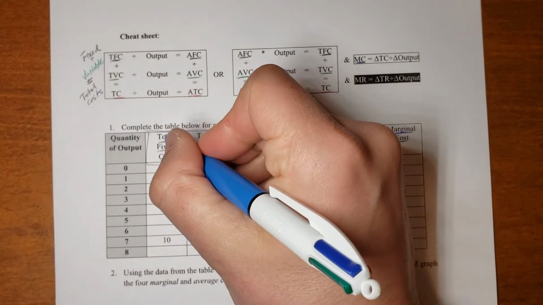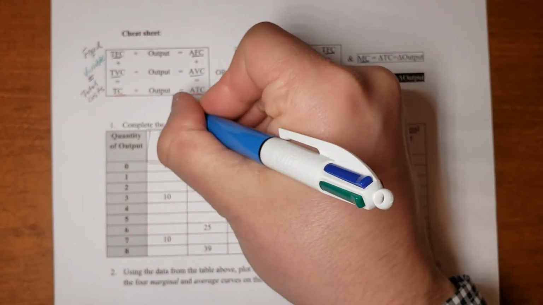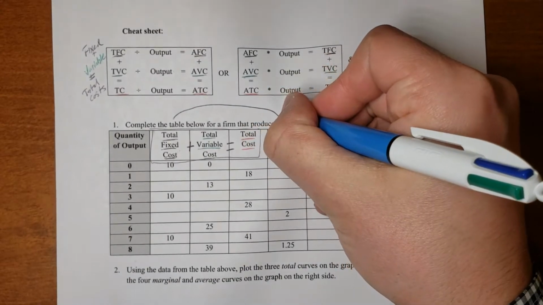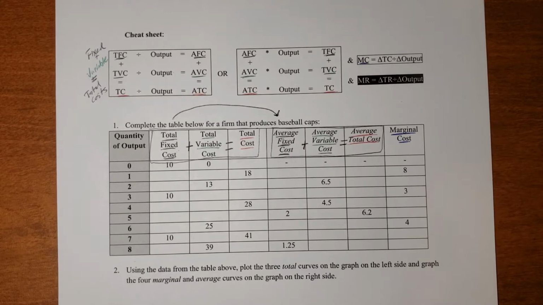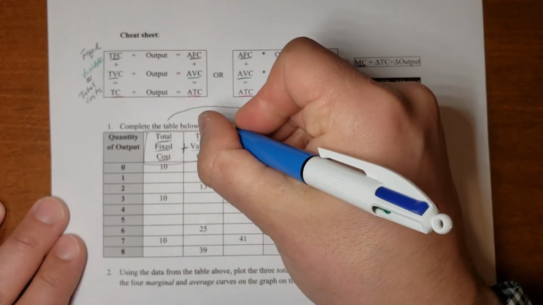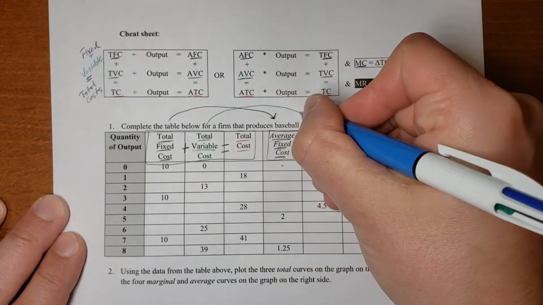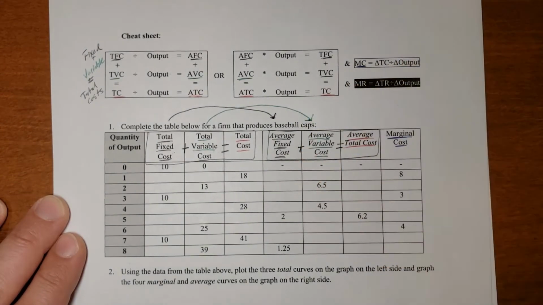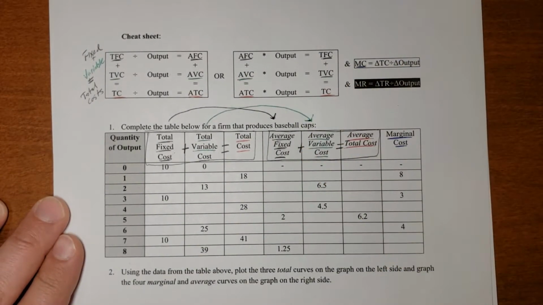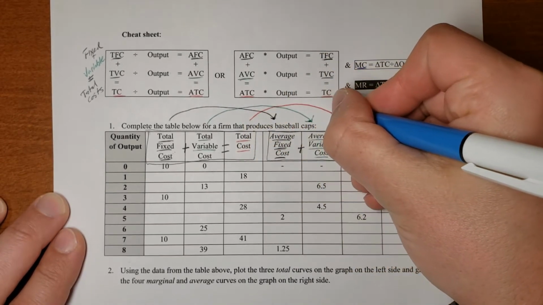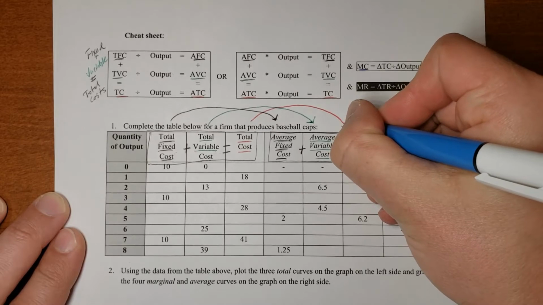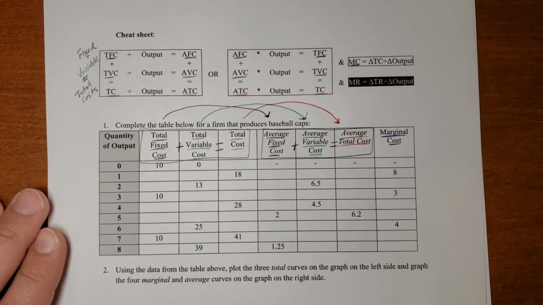So the total fixed cost divided by the output gives you your average fixed cost. The total variable cost divided by the output gives you your average variable cost. And your total cost divided by the output gives you your average total cost.